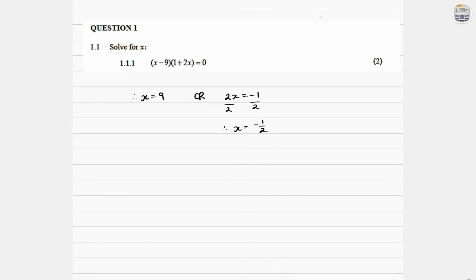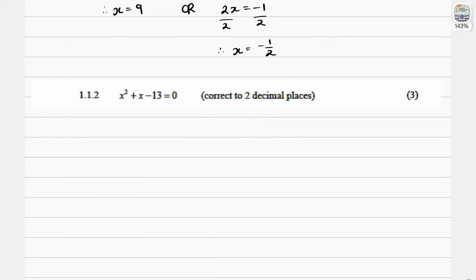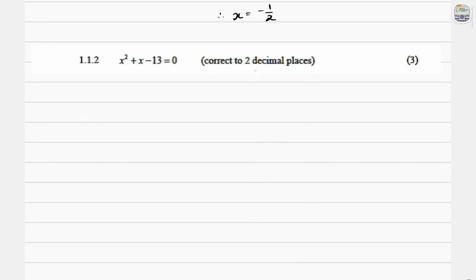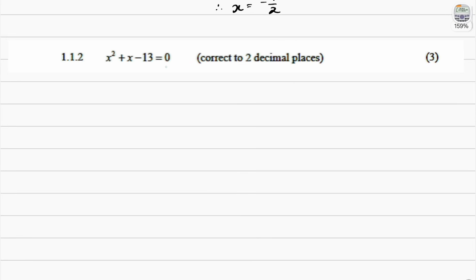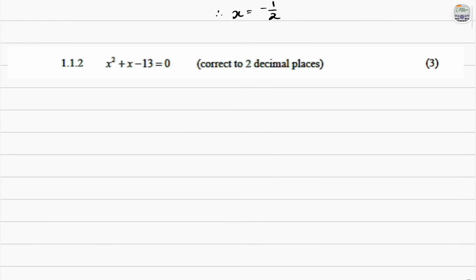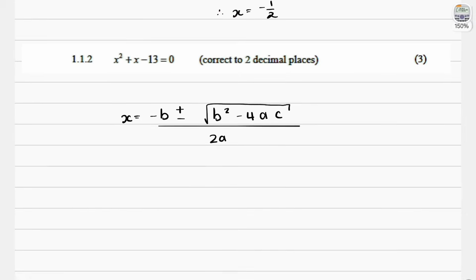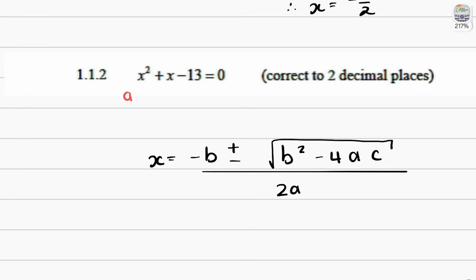Moving on to the next question. Question 1.1.2 says we have to solve for x correct to 2 decimal places, meaning our solutions are irrational. Now, it's already put in the standard form of a quadratic equation, so we can use the quadratic formula to solve for x. So here's the quadratic formula, and it's in the form of ax squared plus bx plus c is equal to 0.